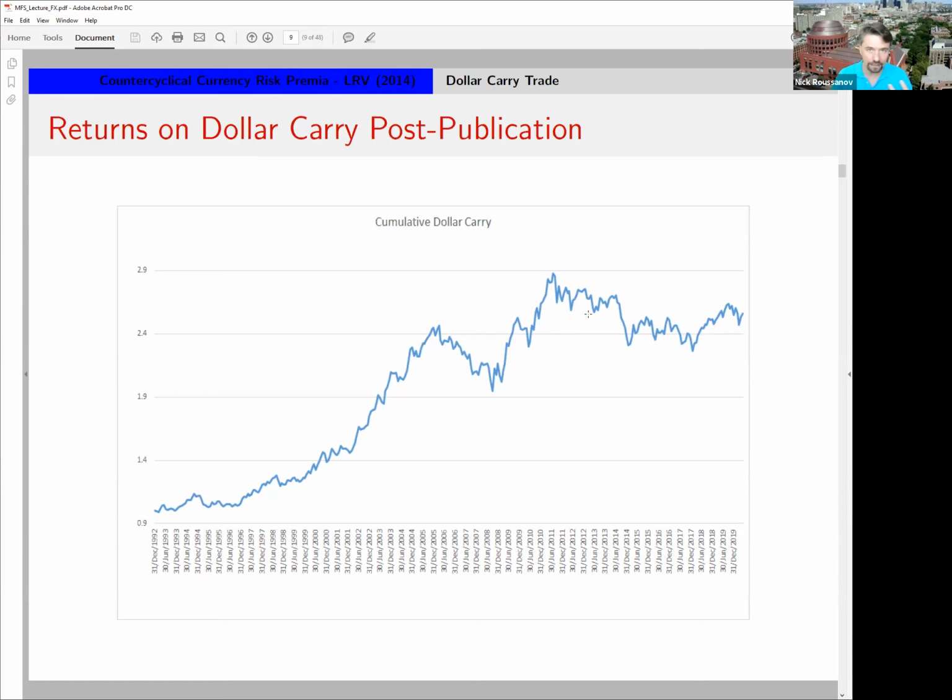So even though maybe not as attractive during this time period unconditionally, it is still an attractive strategy conditionally. And another decade of data only brings down the Sharpe ratio of the dollar carry trade for the whole sample only slightly.